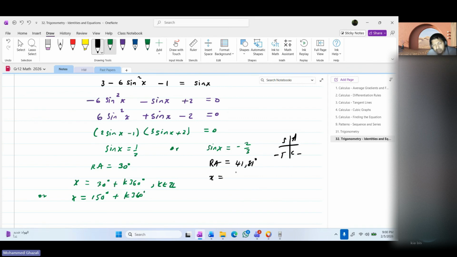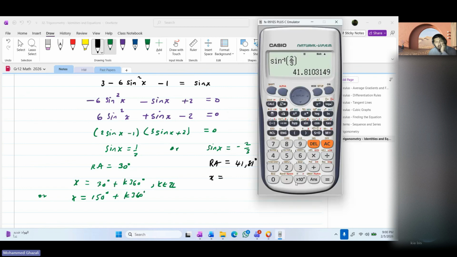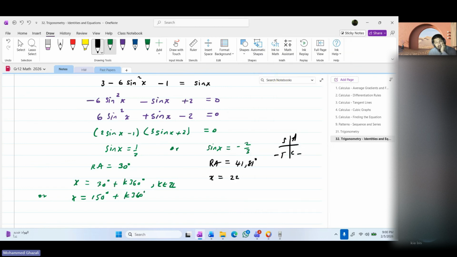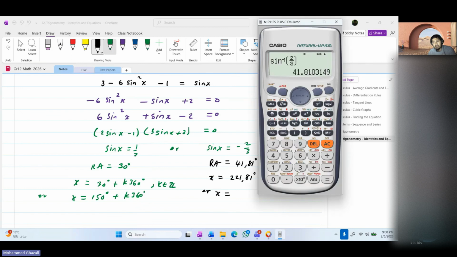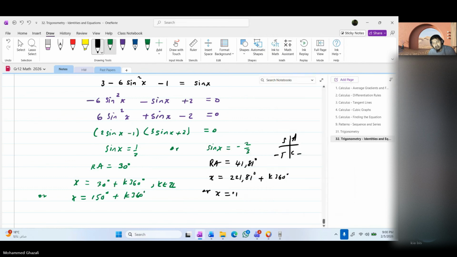So x is equal to 180 plus 41.81, so 221.81 plus K360, or x is equal to 360 minus 41.81. 360 minus answer, 318.19 plus K360. So those are your 4 general solutions.